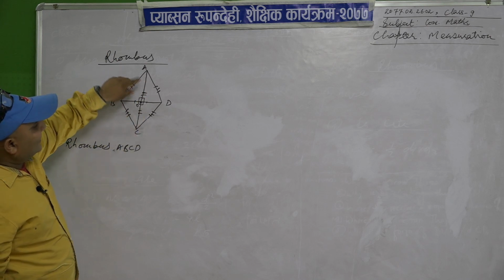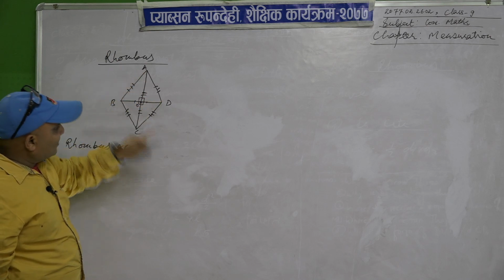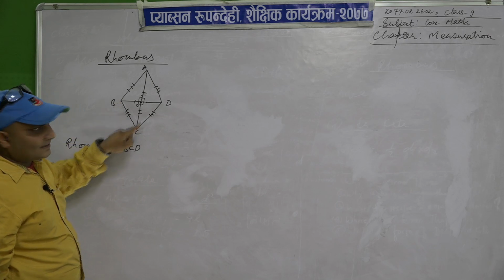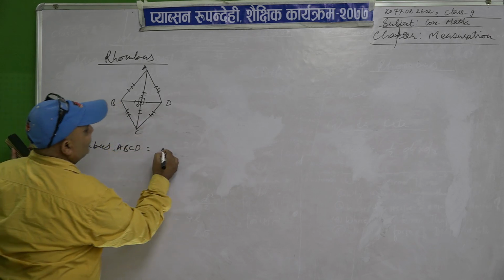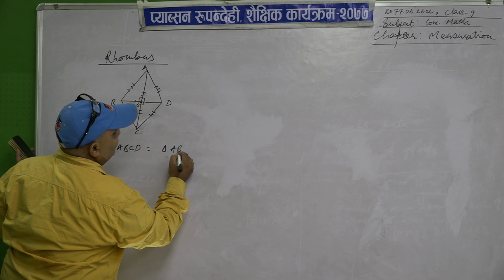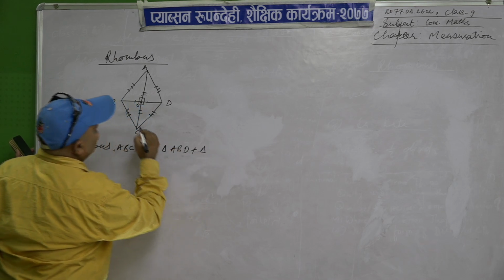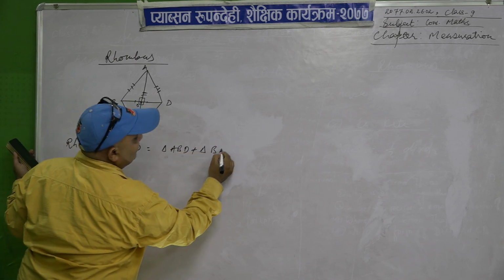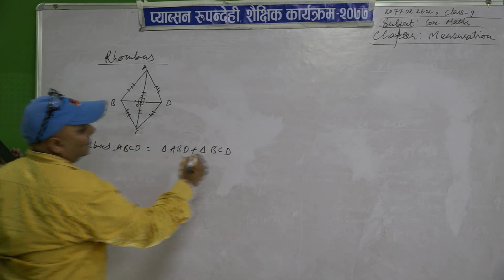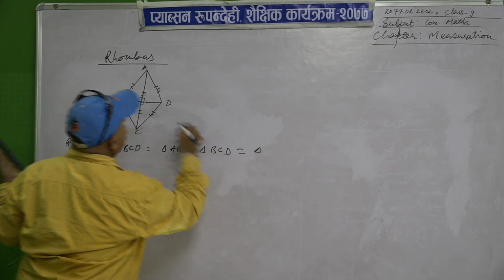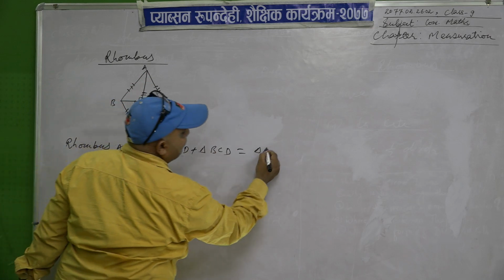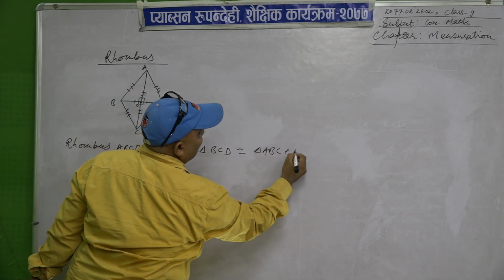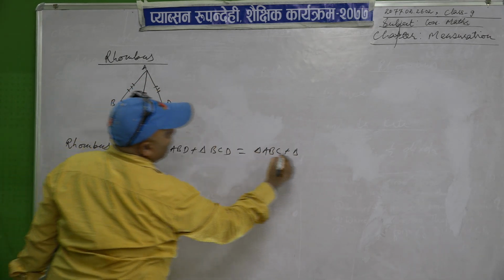We can write either triangle ABD plus triangle BCD, or we can write triangle ABC plus triangle ADC.